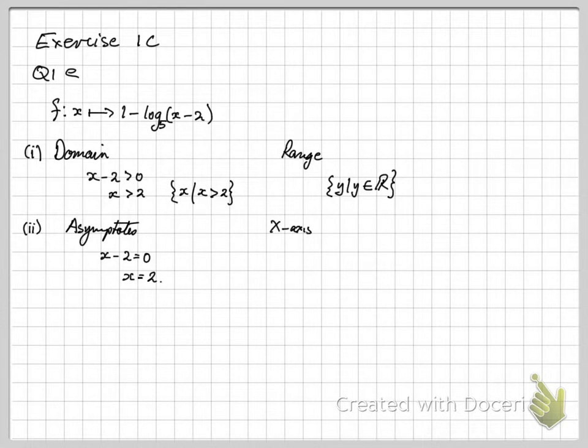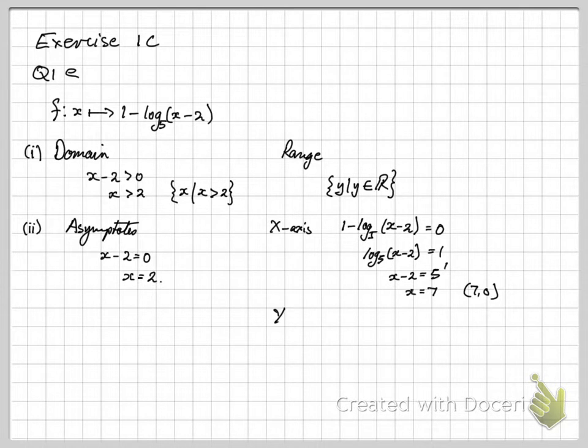X-axis intercept, well, that occurs when y equals 0, so that's when 1 minus log to base 5 of x minus 2 is equal to 0. Rearranging, log to base 5 of x minus 2 is equal to 1, so x minus 2 is 5 to the 1, so x equals 7 is the x-axis intercept.